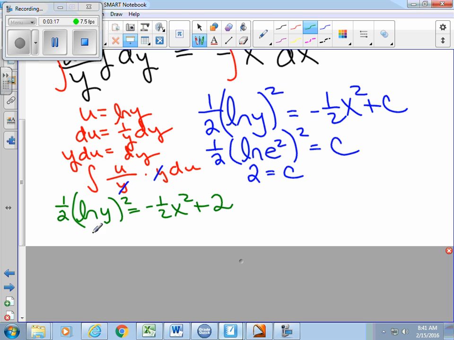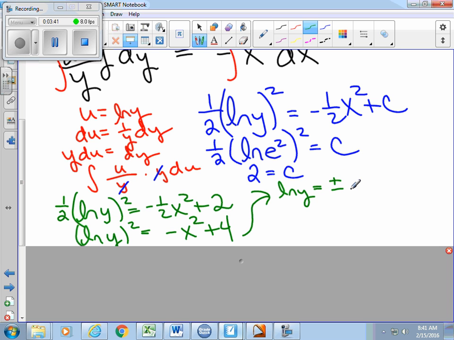I do want to get y by itself. The first thing I would do is multiply everything by 2, thank you. Negative x squared plus 4. Take the square root of both sides. Anytime you take a square root, you do get a plus or minus.